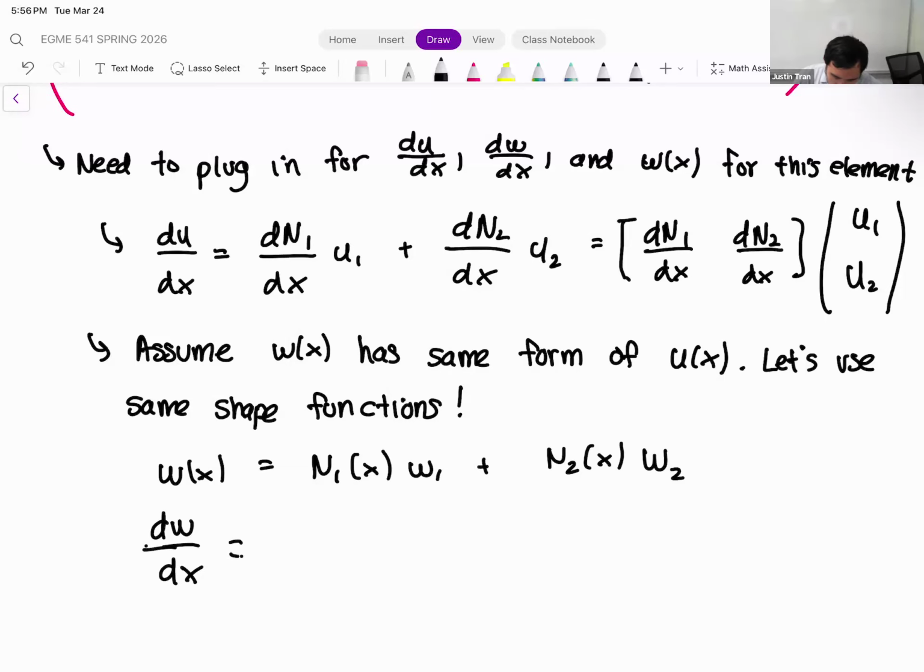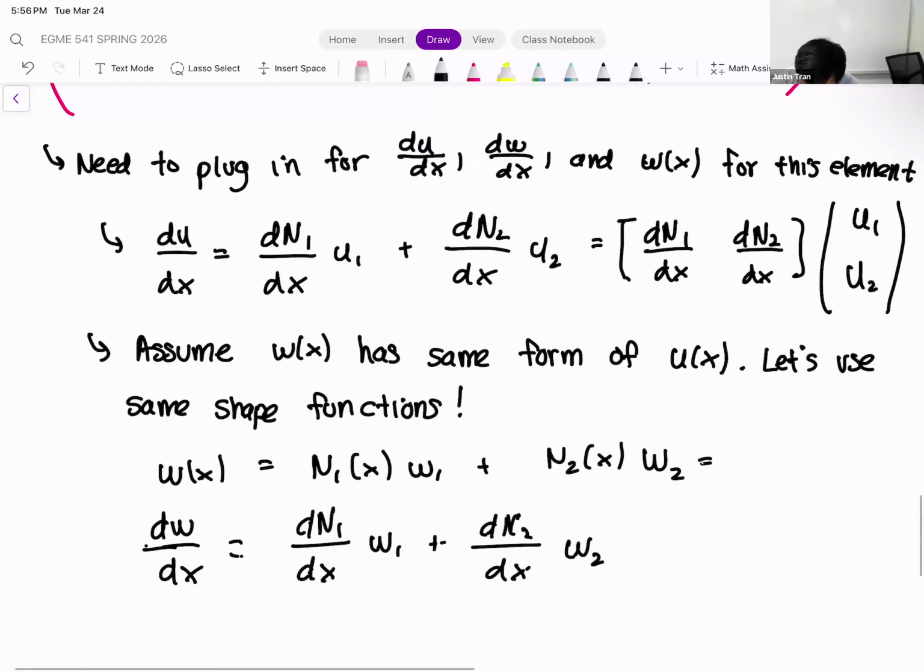And we can also form its derivative because we do need that for our weak form as well. And so just like u, this can be dN1/dx times w1 plus dN2/dx times w2. Once again, we're going to put these in vector form so we can get matrices and vectors, because essentially these two quantities are just dot products.